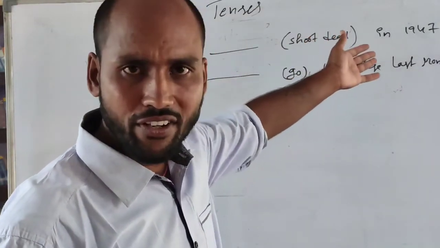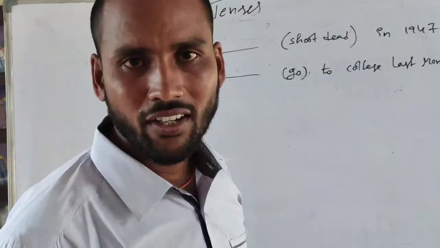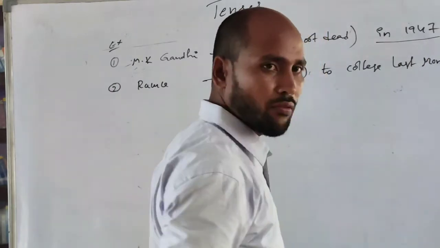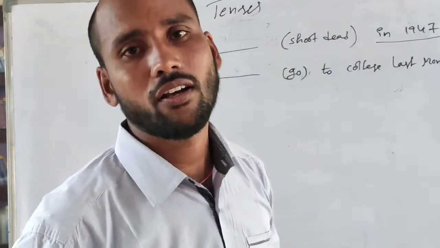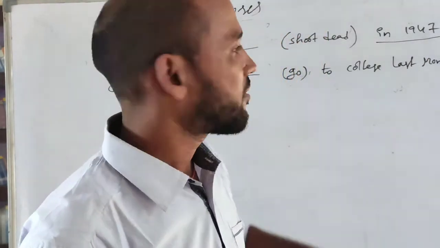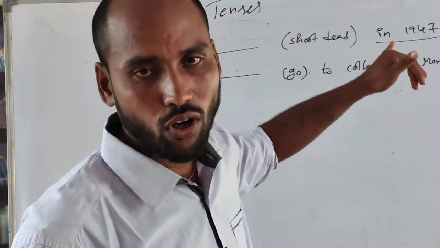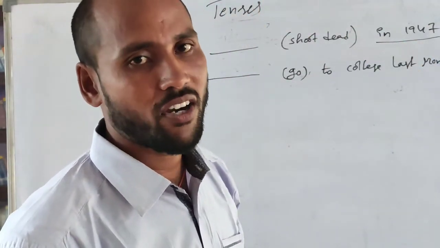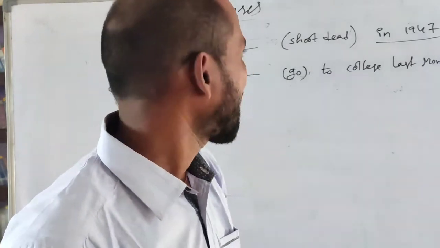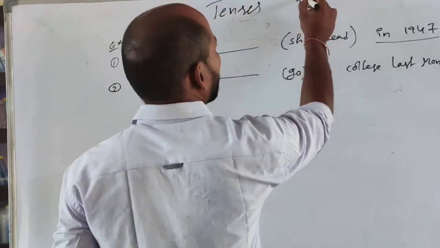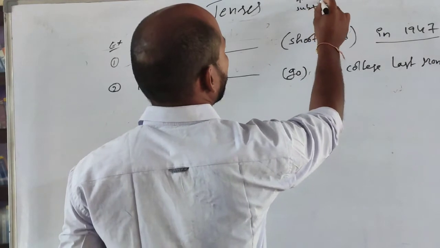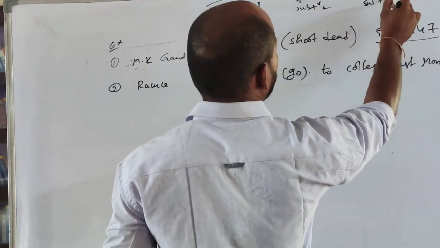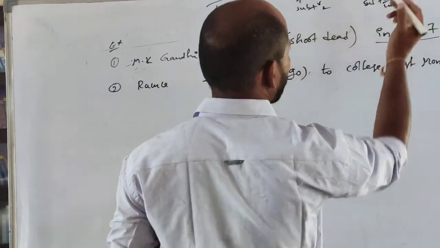The identification word is in 1947. This identification word belongs to simple past tense. So the total sentence followed simple past tense structures. That means active-wise structures, I already told you, subject plus V2, and passive-wise structures, subject plus was, were plus V3.